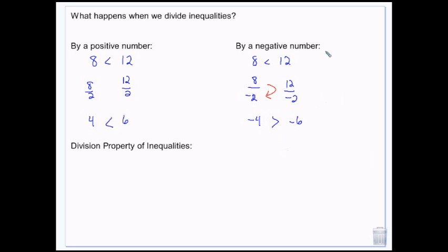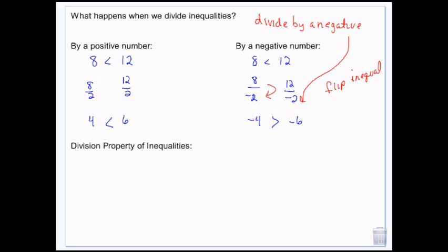So if we divide by negative, we end up flipping the inequality. Same as multiplying.